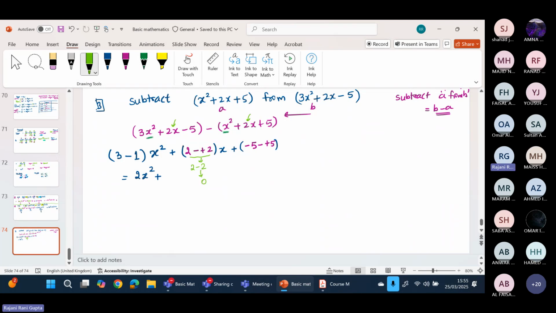It becomes 0. And 0 multiply x is how much? 0. 0 multiply 3, how much? 0. 0 multiply minus 7 is how much? 0. So now tell me, 0 multiply x is what? 0. So remember that in chapter 1 you studied 0 multiply any number gives you 0.